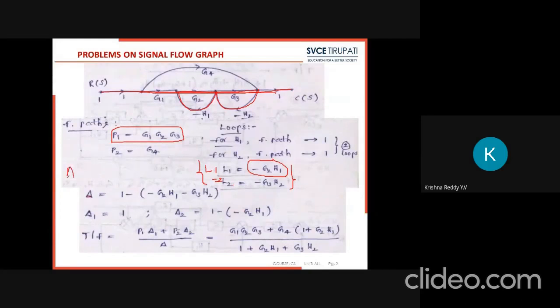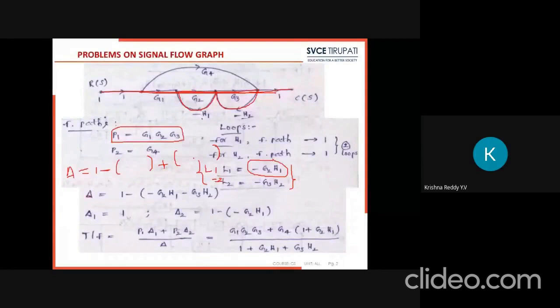Delta can be calculated. It is equal to 1 minus the summation of individual loop gains plus the summation of two non-touching loop gains minus the summation of three non-touching loop gains and so on.